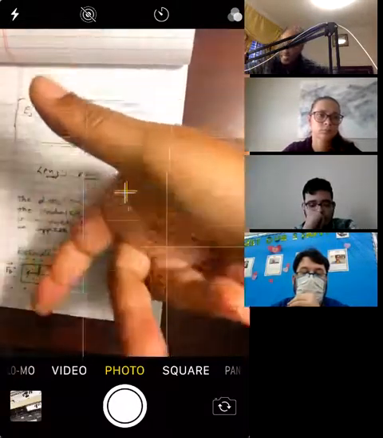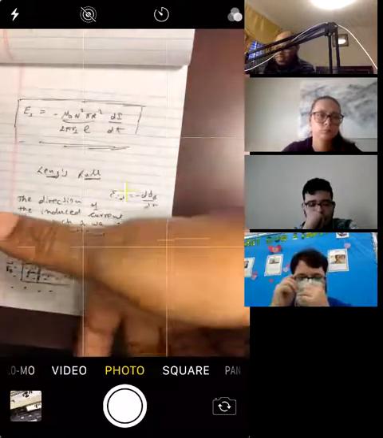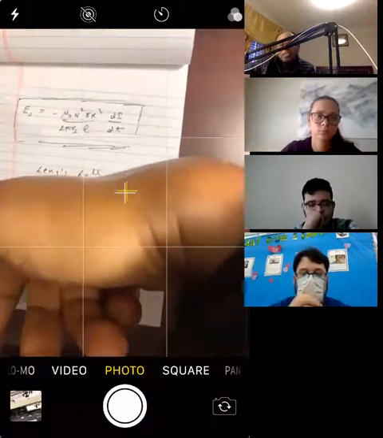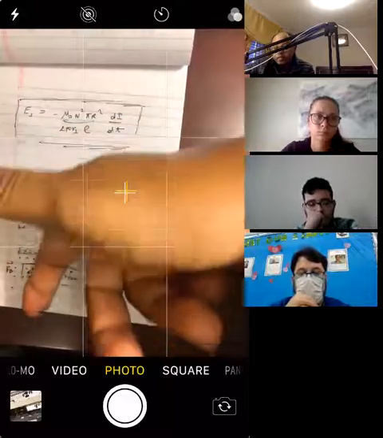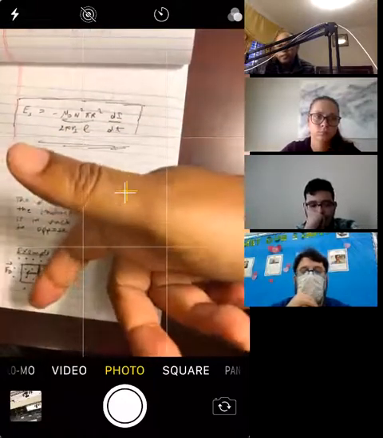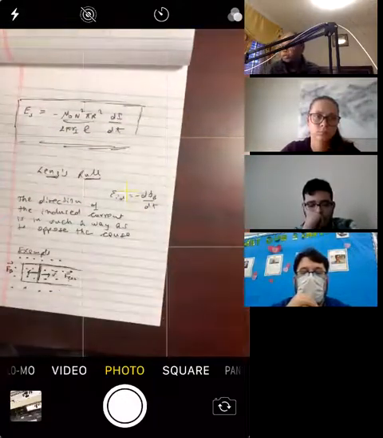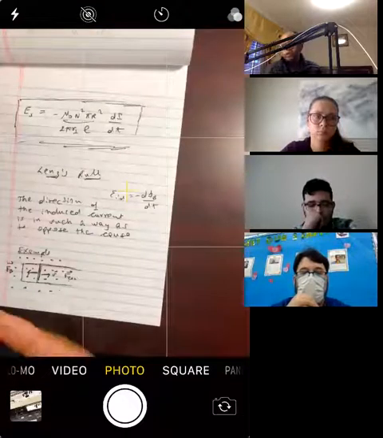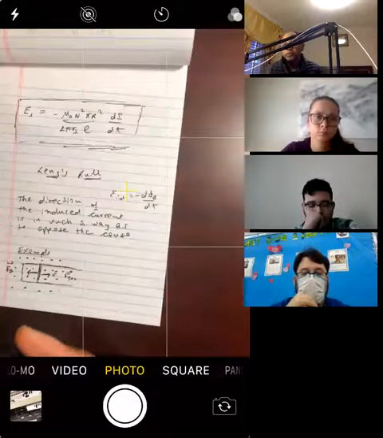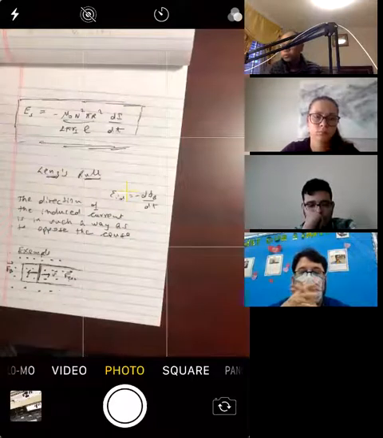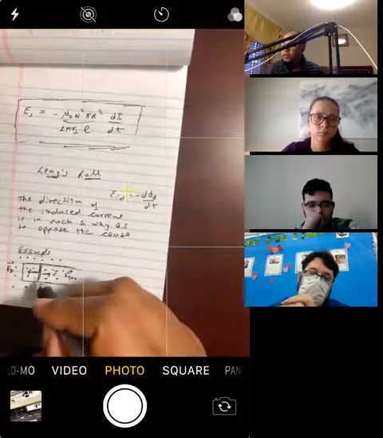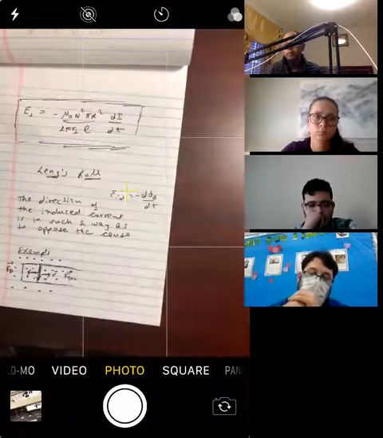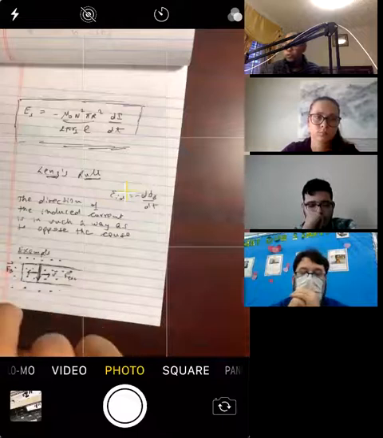So the force is to the left. My middle finger, which is the magnetic field, is perpendicularly out. That tells you my index finger is pointing down. So you know the direction of the force, and you know the direction of the field. Using the right-hand rule or the screw rule, you can figure out the direction of the current.